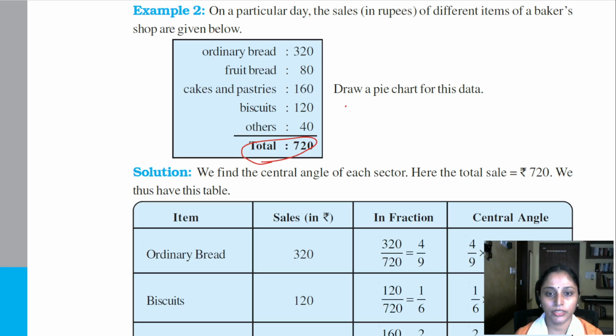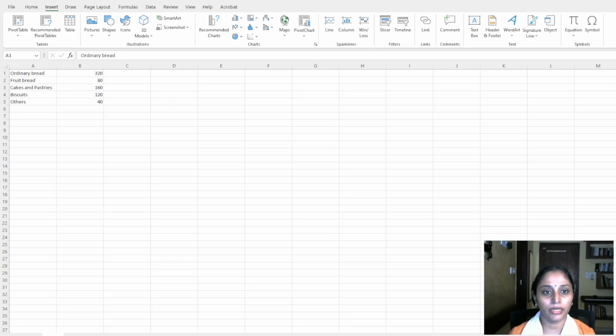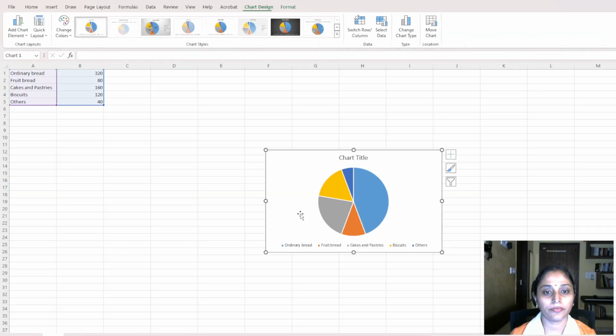Because it's not given in the table format, I'm unable to copy it. So I have entered all the data that is given in the Excel sheet. Okay, so this is the data, right? Now here I'm going to select this data and insert the pie chart.